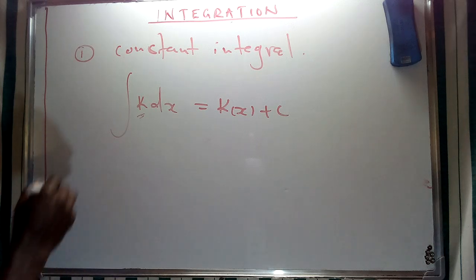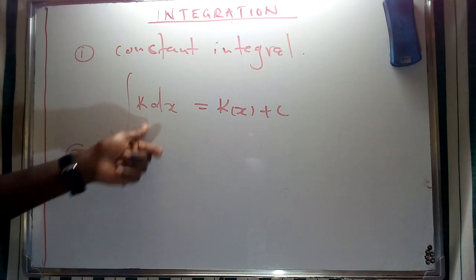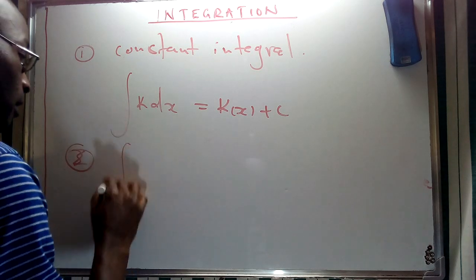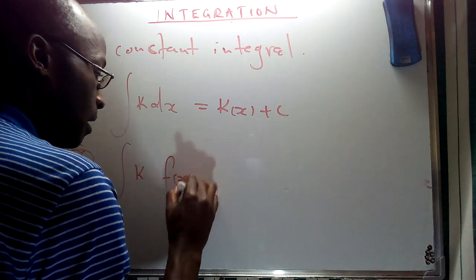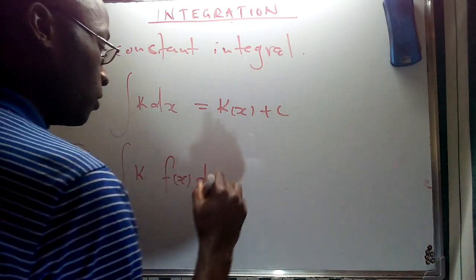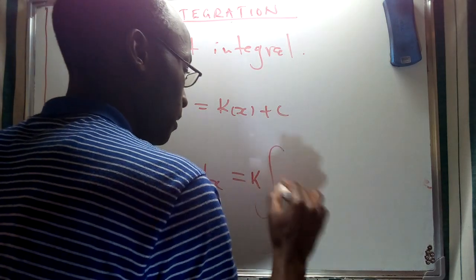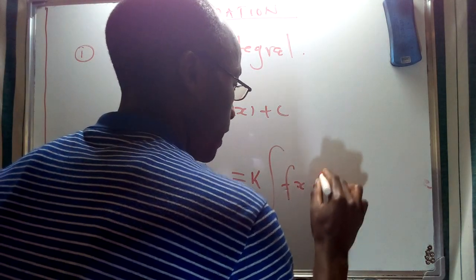Now for other integrals which assume different formats, we're going to have the integral of k times a function f of x dx, which is given as k times the integral of f of x dx.